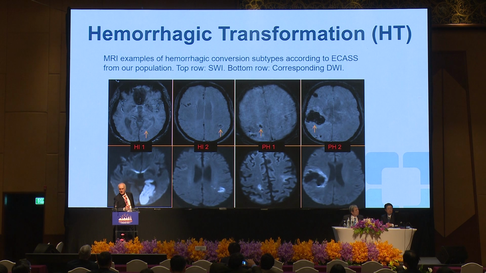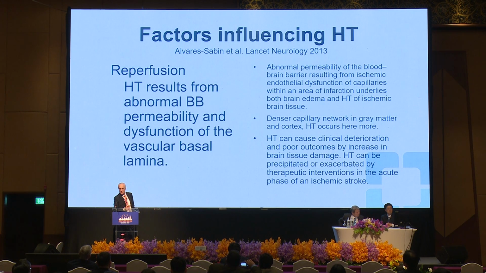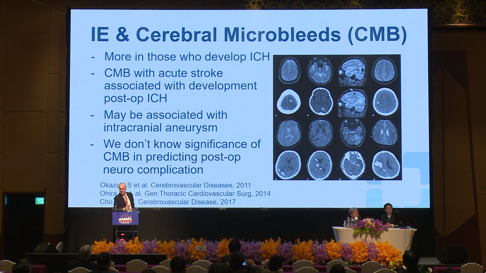Hemorrhagic transformation can have different forms, shapes and severity, as we've already mentioned, and it's a consequence of changed blood-brain barrier permeability and dysfunction of the vasculature, and there is some explanation for when and why this happens.